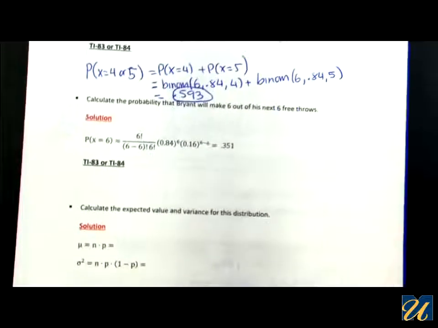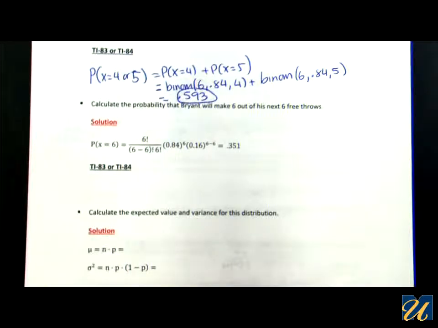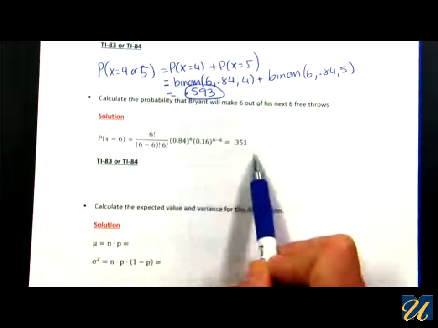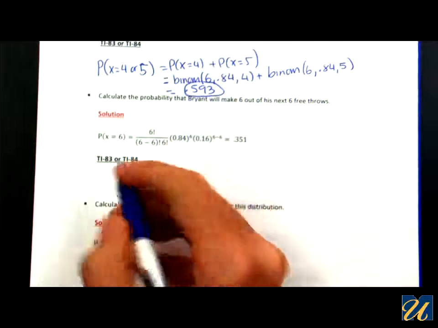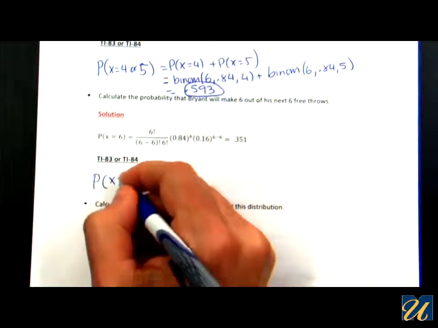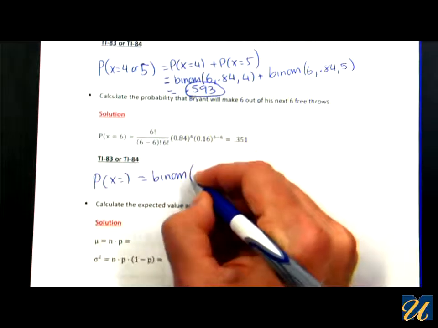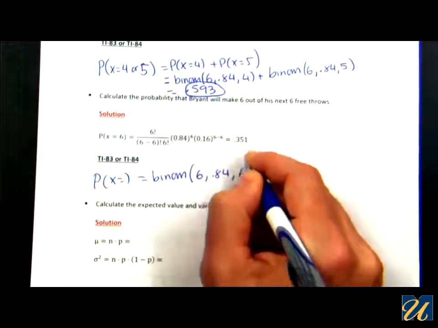Calculate the probability that Brian will make 6 out of his next 6 free throws. So I'm simply looking for the probability of x equal to 6. You have how to plug in the numbers for your formula. If you were to use your graphing calculator, you would do binomial PDF n 6, comma, 0.84, comma, 6.